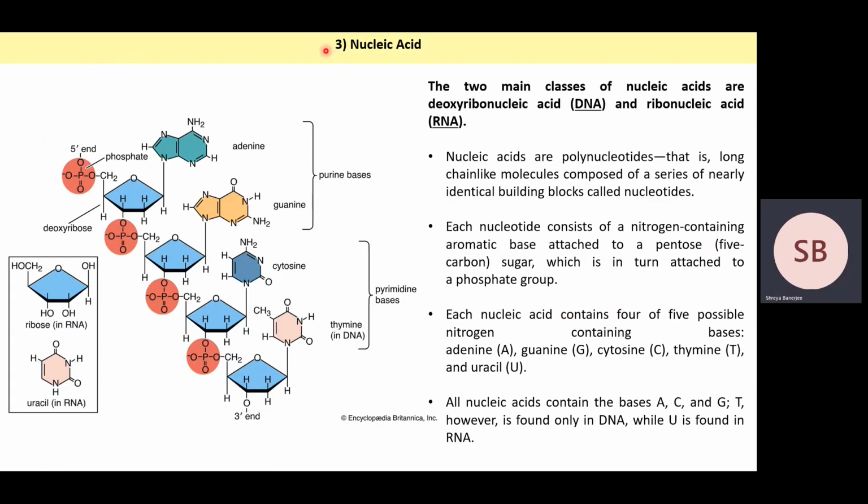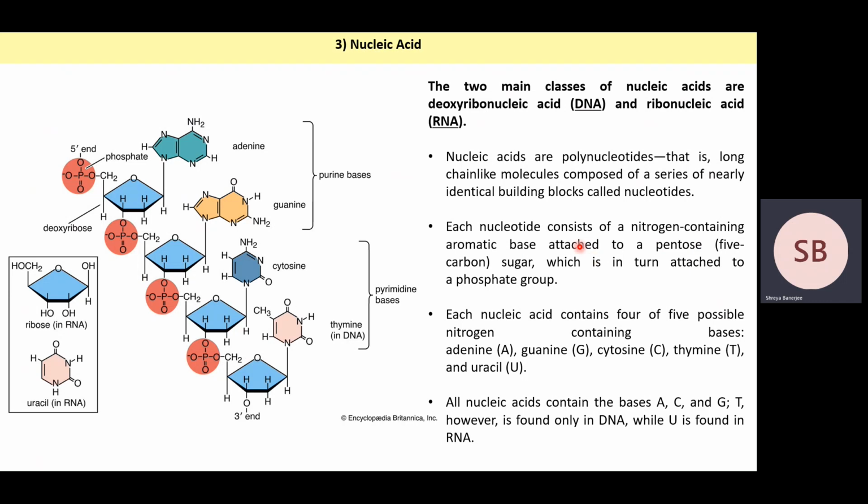The third kind of biological macromolecule is called a nucleic acid. There are 2 main classes of nucleic acids, deoxyribonucleic acid or DNA and ribonucleic acid or RNA. Nucleic acids are polynucleotides, that is, long chain-like molecules composed of a series of nearly identical building blocks called nucleotides.